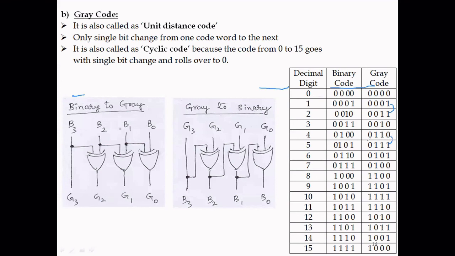This 0 to 1, the remaining are the same. If you take any one here, how many bits change between it and the next one? Only one bit changes. This simplifies things greatly, because in the next sequence we change only one bit instead of 2 or 3. That is the advantage of gray code.